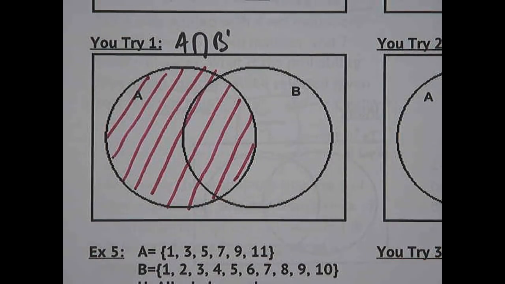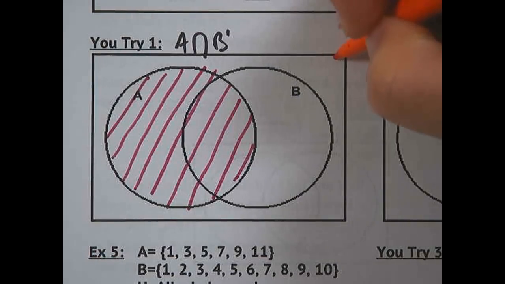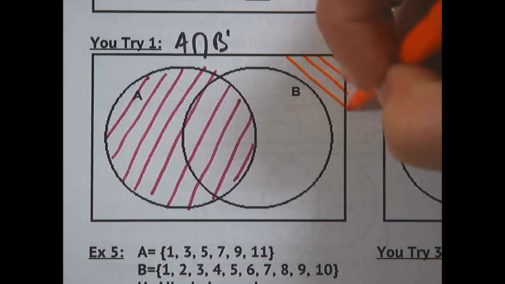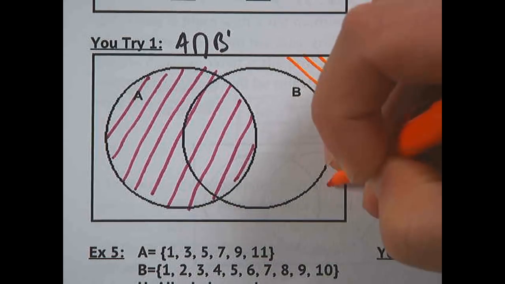That way the section that's crisscrossed will be the one that has both of them. Okay, so we want A intersect with the complement of B. So now I want to color in everything that's not a part of circle B. So that would be all of the stuff over here, but not including B.